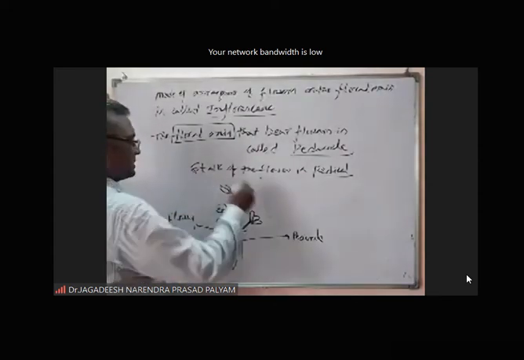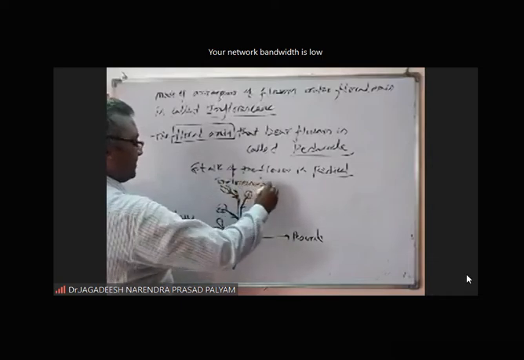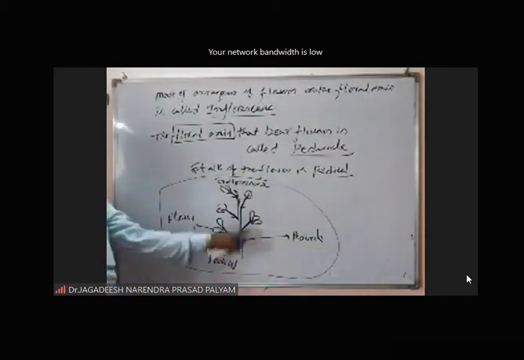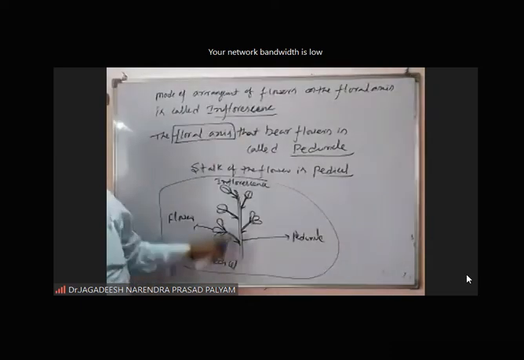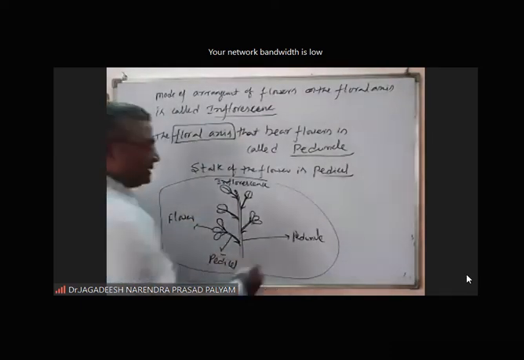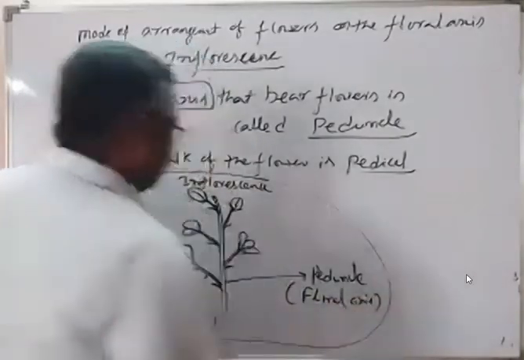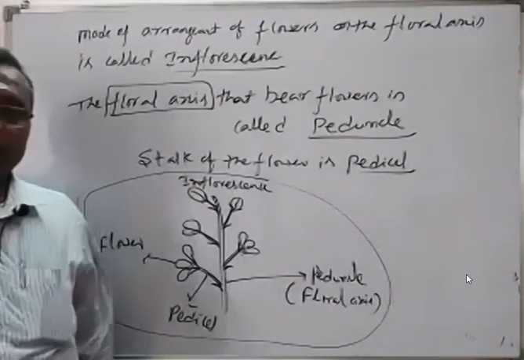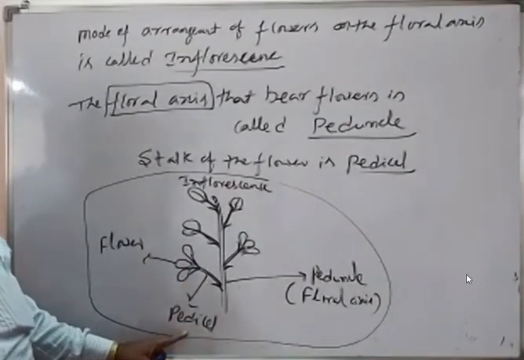This whole structure is inflorescence. This bunch of flowers present on a common stalk is inflorescence. So mode of arrangement of flowers on floral axis. Peduncle is nothing but floral axis here. Itself is called peduncle. Peduncle. And stalk of the flower is pedicel.